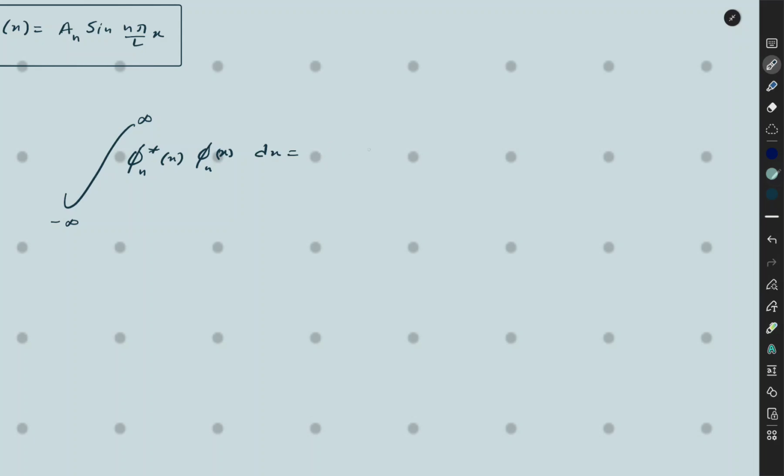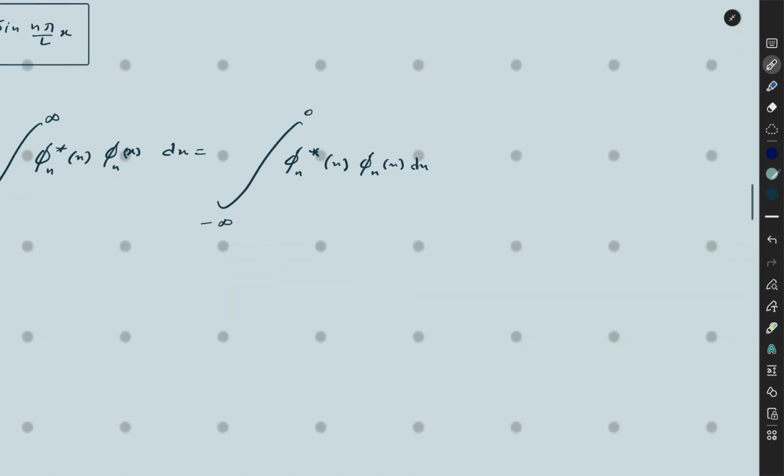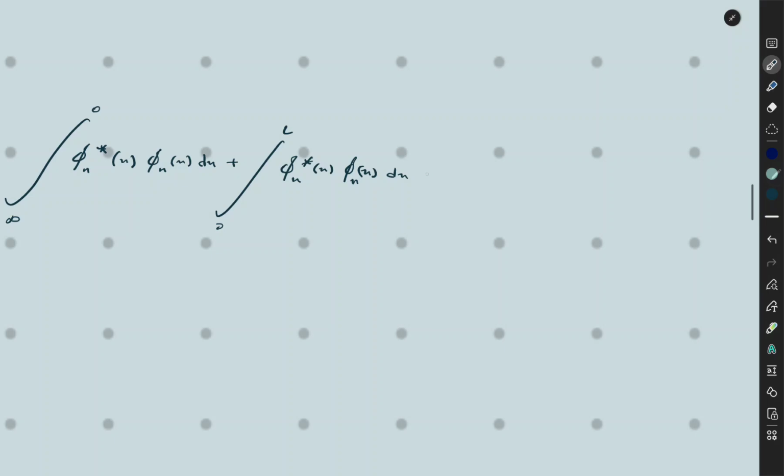This can be broken down into minus infinity to 0 of phi n star phi n dx, plus 0 to L of phi n star phi n dx, plus again from L to infinity of phi n star phi n dx.